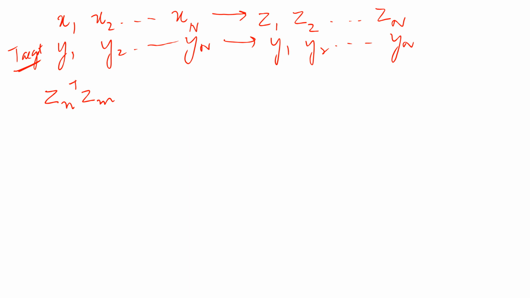If we have a test point z, first we have that space created, and for any test point z, I will calculate zn transpose z, compute the Euclidean dot product, and then come back and report the classification of my test point. This is the overall process.